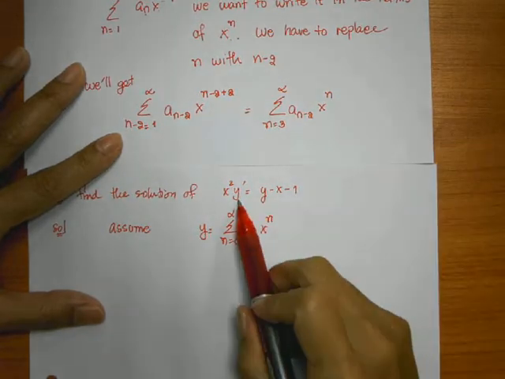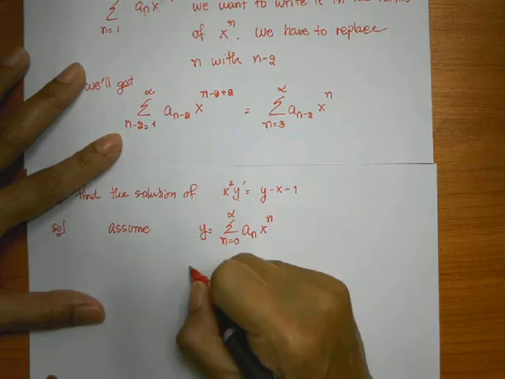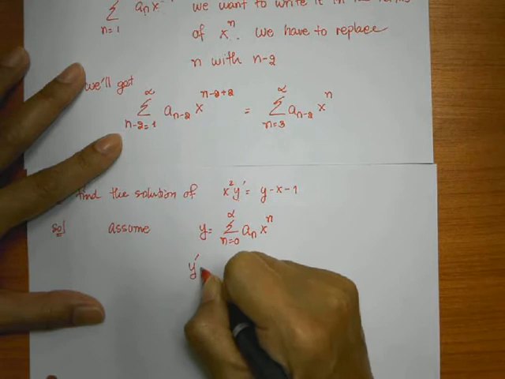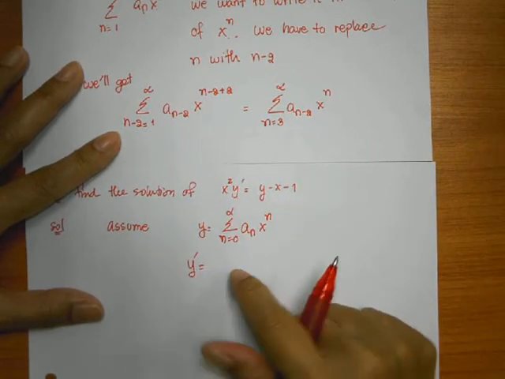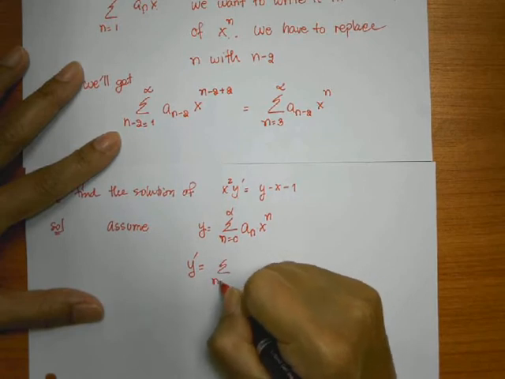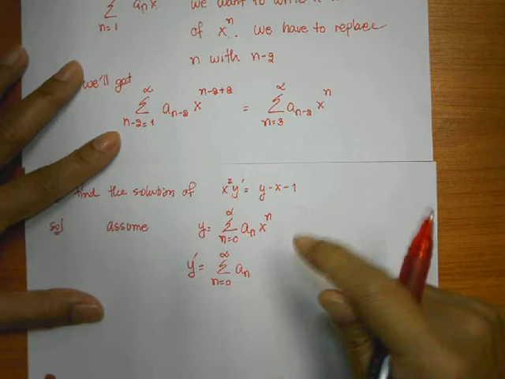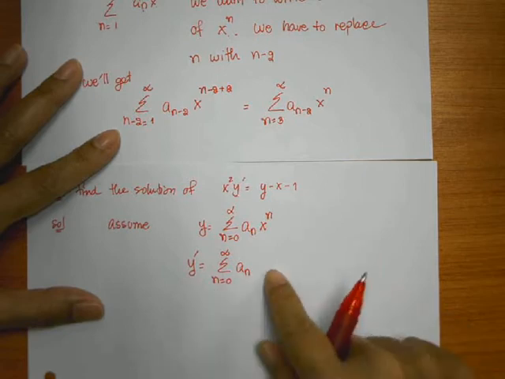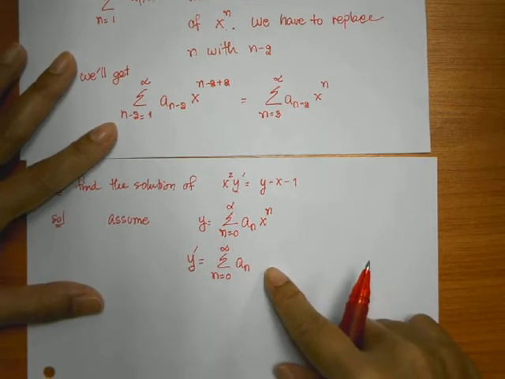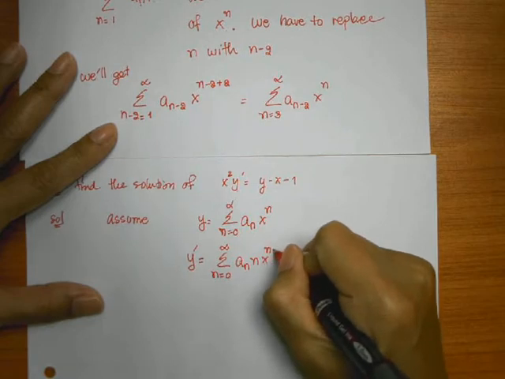This equation has the first order of y, so we'll take the derivative of y. The first derivative of y is the summation from n equal to 0 to infinity of a n, and if we do the first derivative, what will we get? n x to the power n minus 1.